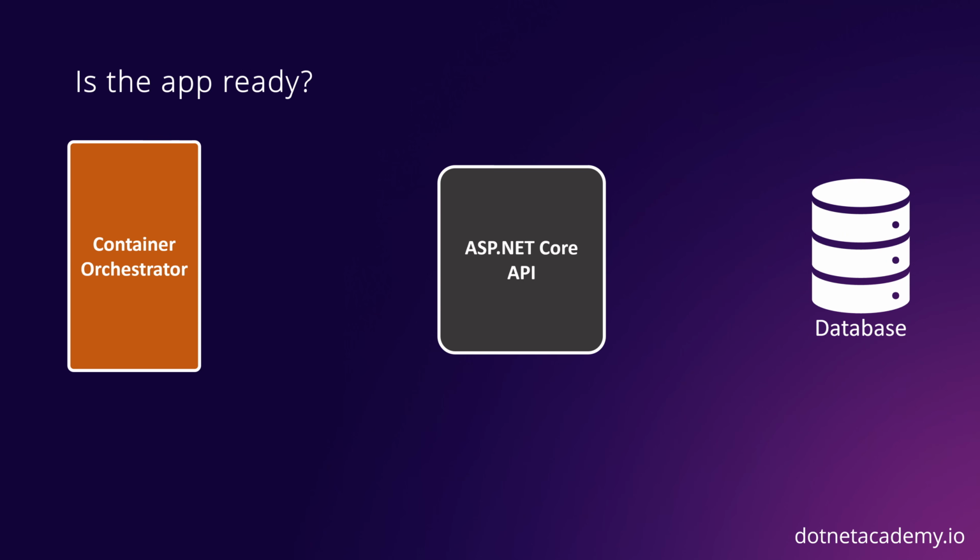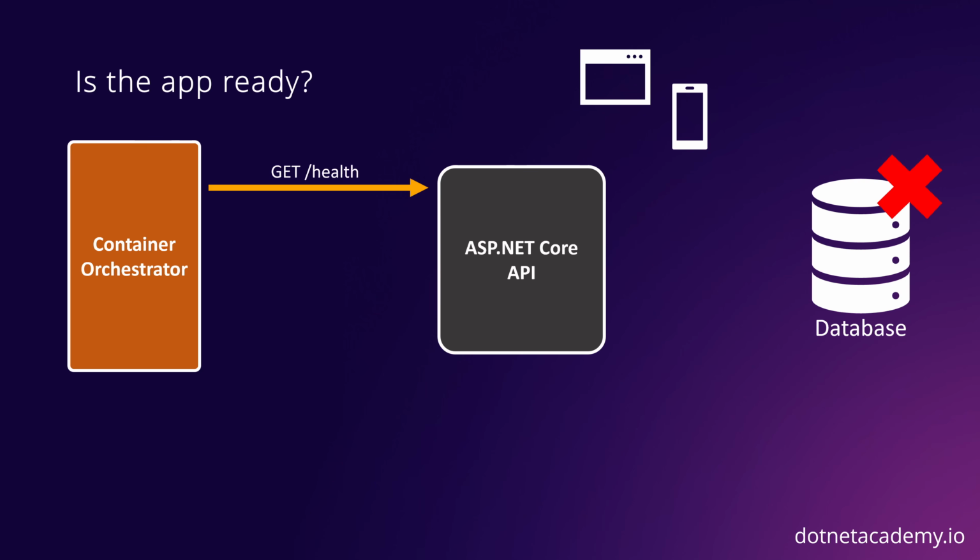But even if your application is alive, it may not be ready to receive traffic. Imagine a situation where our database is temporarily unavailable, as is not uncommon in a cloud environment. Our API is alive, but if we let our clients talk to it at that point, they will likely get a bad user experience. To prevent this, our API can expose a readiness endpoint that our orchestrator can invoke to confirm the status of not just our application, but all of its dependencies.